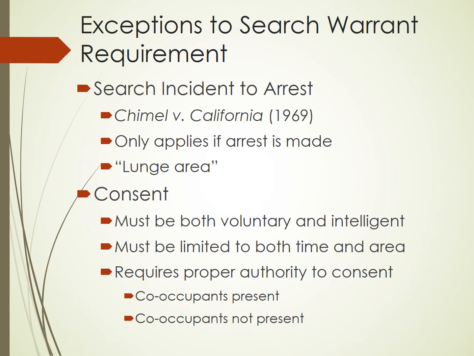A roommate or co-occupants can give permission for a common area, so areas you both share and both use, but co-occupants can't give permission for the other occupant's exclusive space, particularly if they're not home. And one of the important things in consent also is that a no will always override a yes. So if you have two co-occupants, one says no, one says yes, the no will override a yes in consent searches.